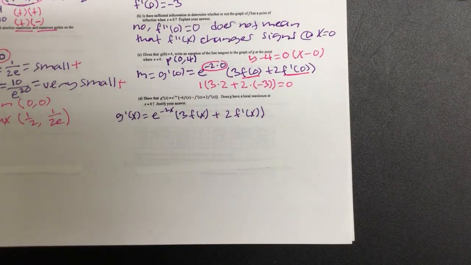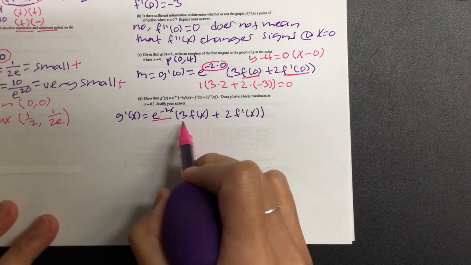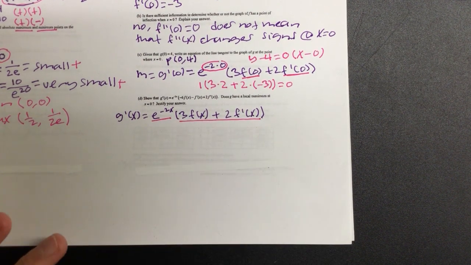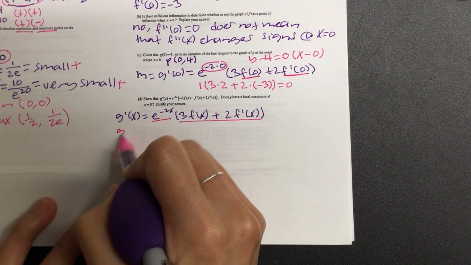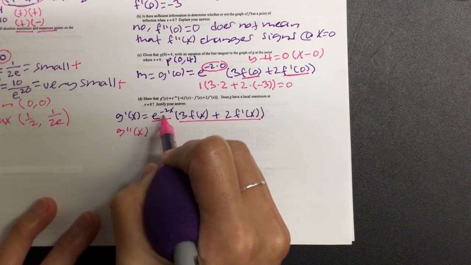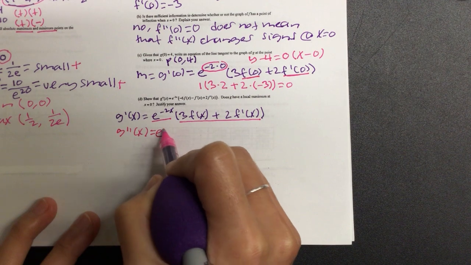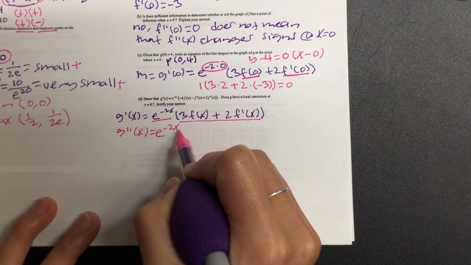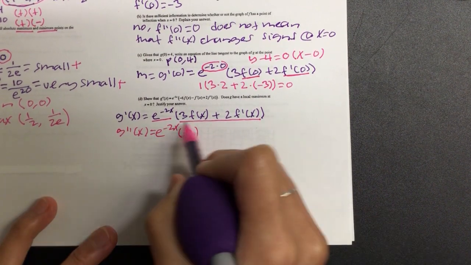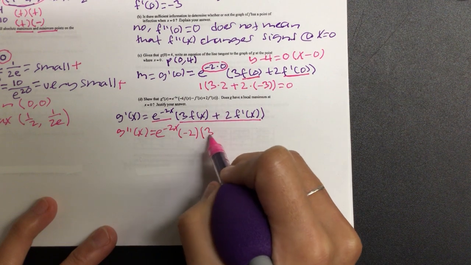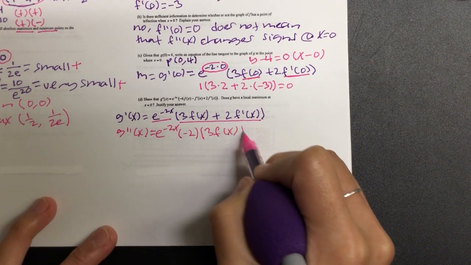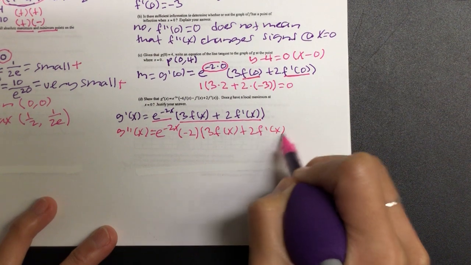What rule are we going to use on this one? Product, we have x over here and all that component. So our product rule says for g double prime, we derive the first one, which is e to the negative 2x, times negative 2, and we keep the second one as it is. Quite tedious, but all you have to do is copy what's right above.